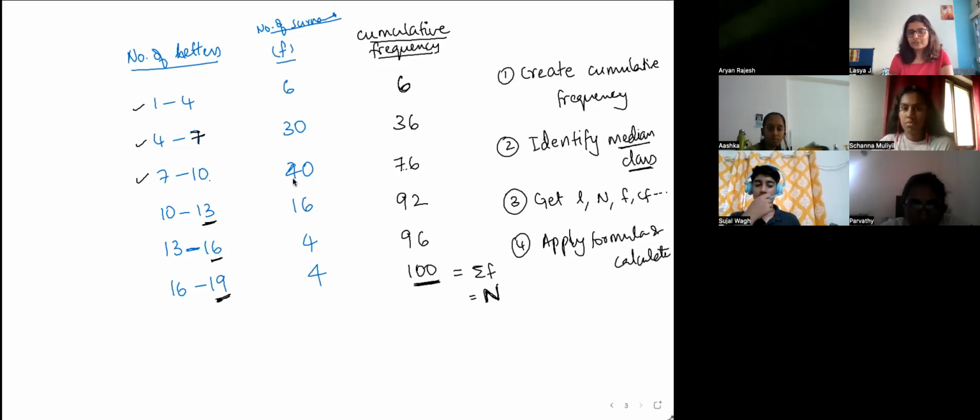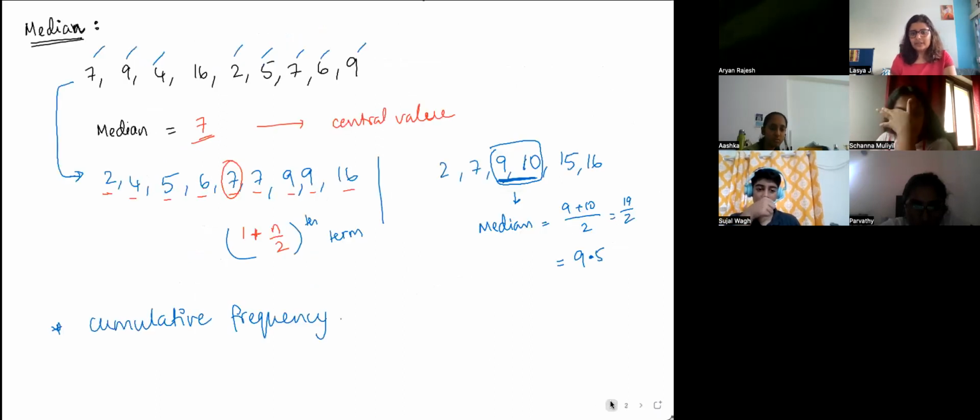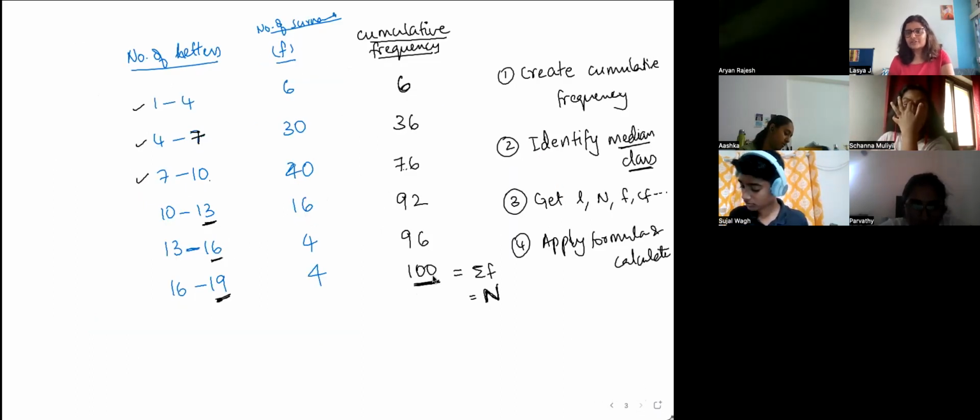Like up to 76 are pretty much done till 10. After that the numbers are very small. So don't take this order of classes. Focus on the fact that you have 100. Like here in the example I took 9 pieces of data. So similarly, here you're dealing with 100 pieces of data.